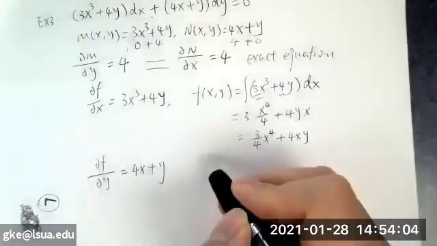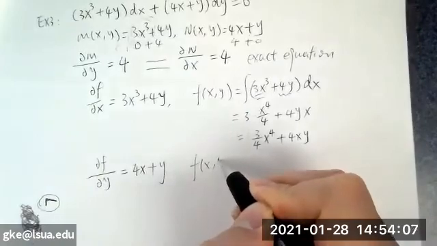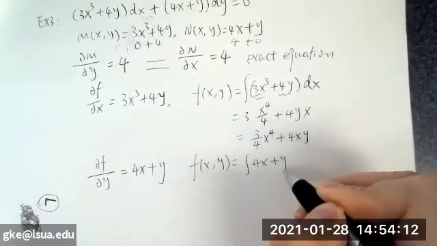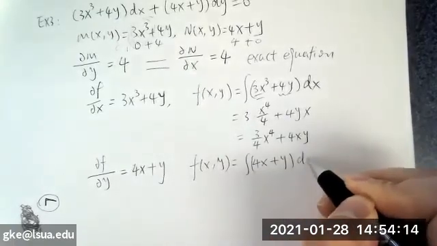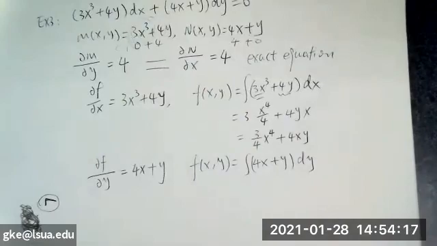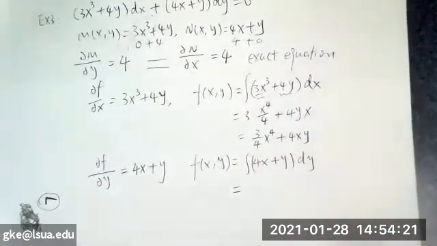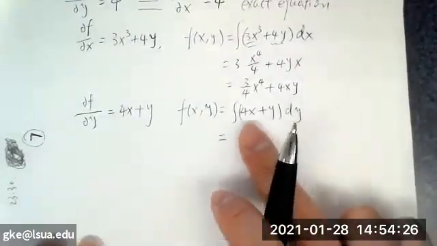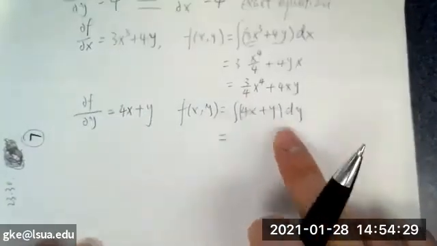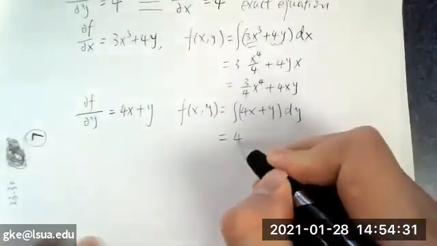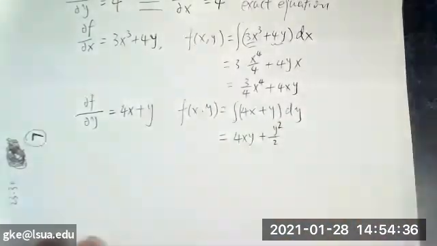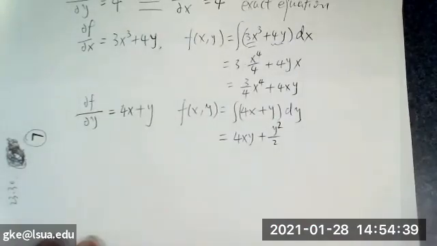We do the integral, with dy. Since we do the integral with respect to the variable y, we treat x as constant. So we have 4xy plus y squared over 2. The first term is 4xy plus y squared over 2.